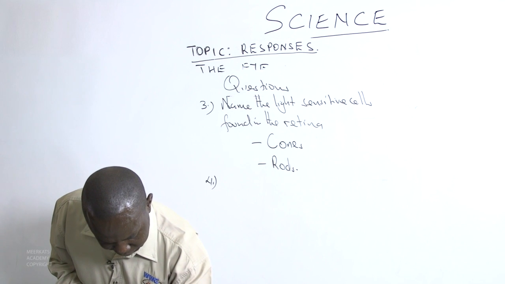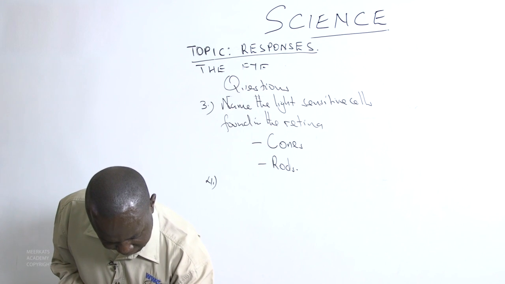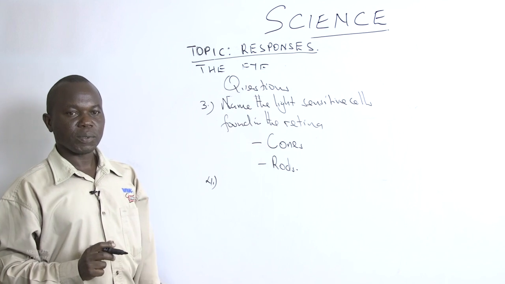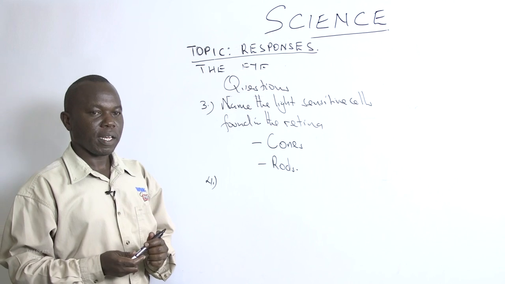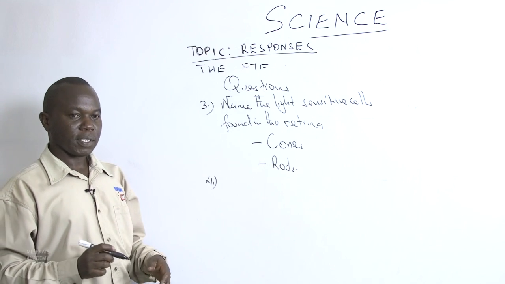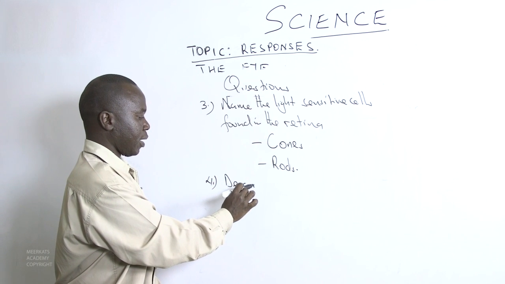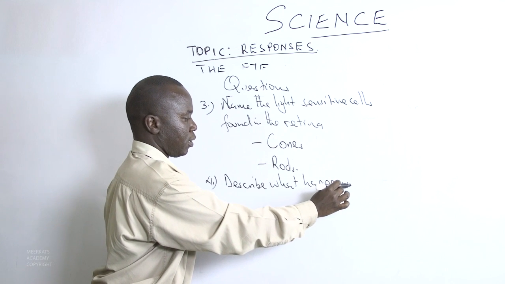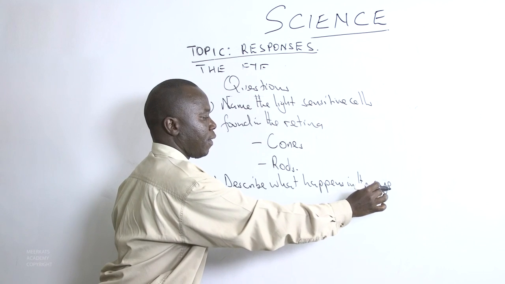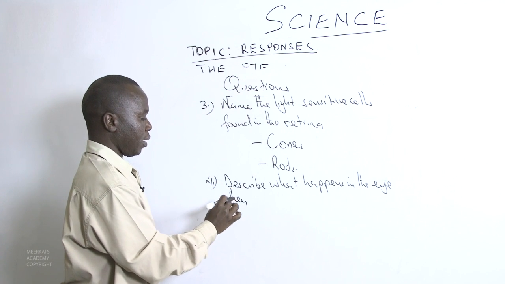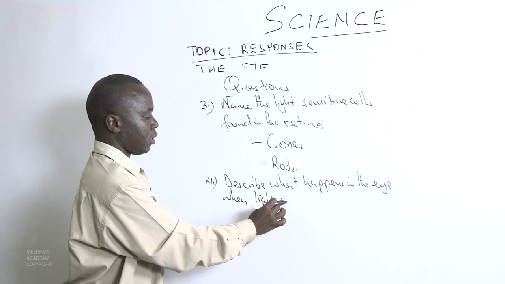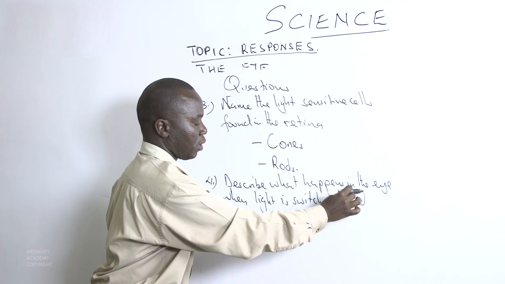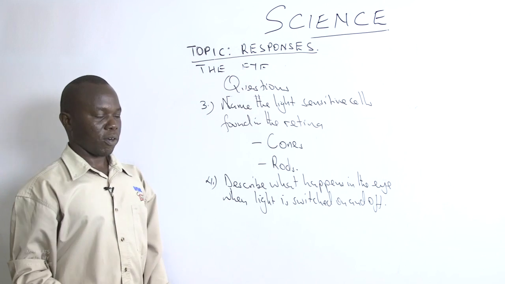Question 3. If you wake up in the middle of the night and switch on your light and then off, describe what happens in the eye when light is switched on and off.